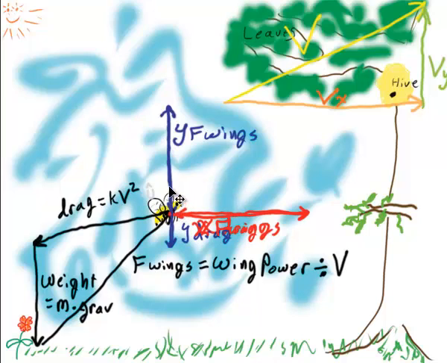I use the B to trace out the path. So in this case, adding the Y components, I think we added the force of the wings first. What do we add? Yeah.